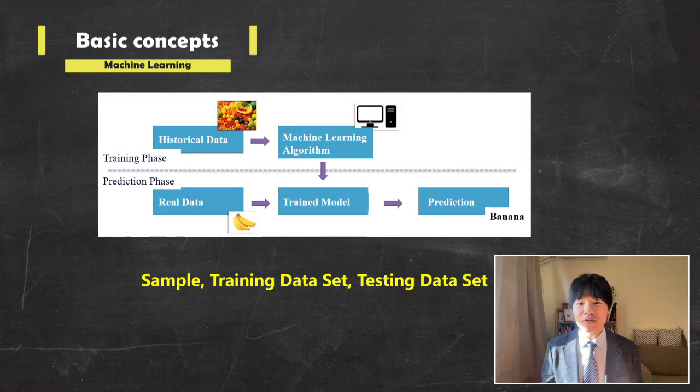Of course, this data must satisfy the three parts of the data we just discussed. Do you remember? The three parts of the data are the data features, data feature values, and labels. Then, these data are fed into the machine learning algorithm for continuous learning, finally producing a trained model.